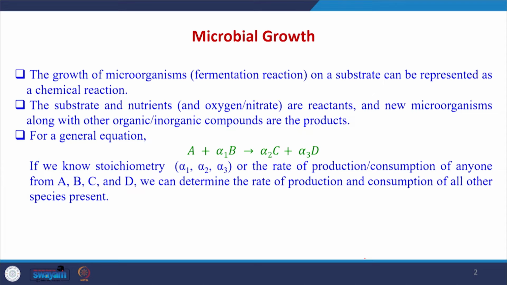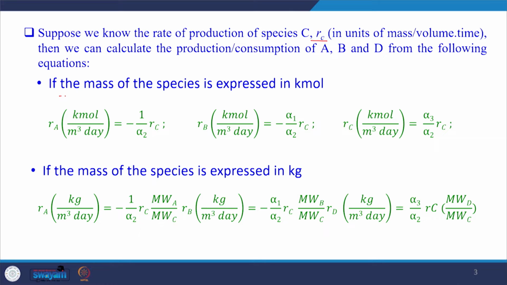This particular idea will be useful later on when we study a later section. Suppose we know the rate of production of species C, which is represented by R subscript C, and its unit may be mass per unit volume per unit time. Then we can calculate the production or consumption of A and B and D from the following equation.